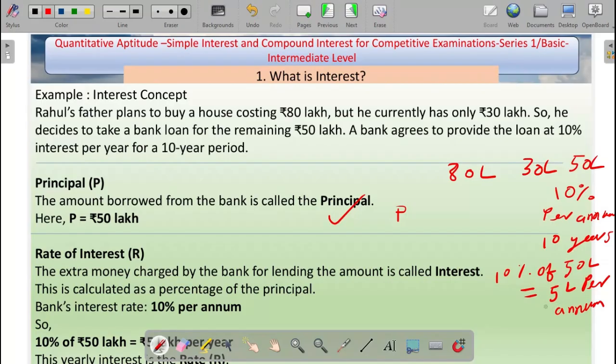He has to pay this extra. This 10% is called the rate of interest. So every year he has to pay an extra 5 lakhs.